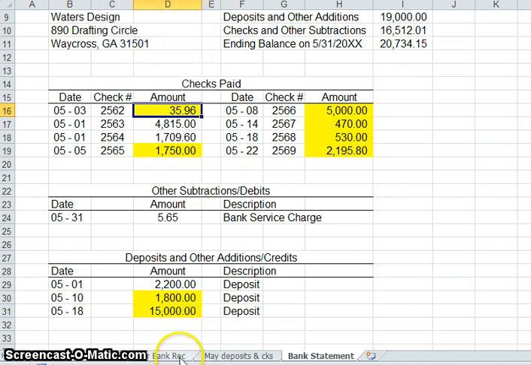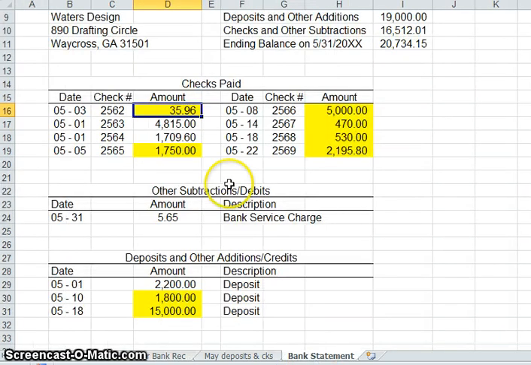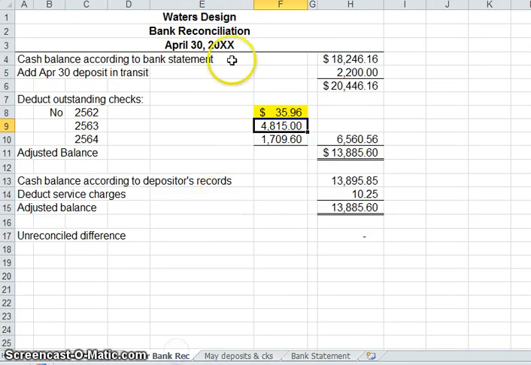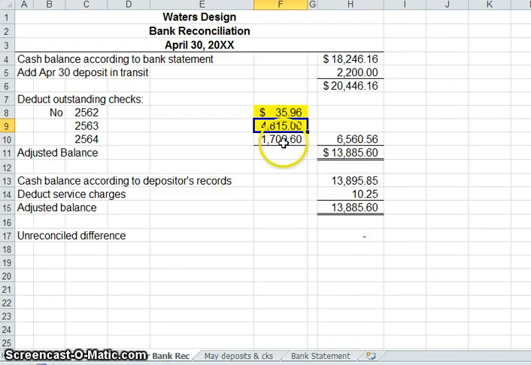It has now cleared, so we can check that one off. Check number 2563 for $48.15. Yeah, that one's cleared. Check it off, and check number 2564 for $17.96. Yes, there it is. You want to make sure that anything on a prior bank rec gets cleared in the next month. Otherwise, you need to include it on your bank reconciliation this time because it's still outstanding.